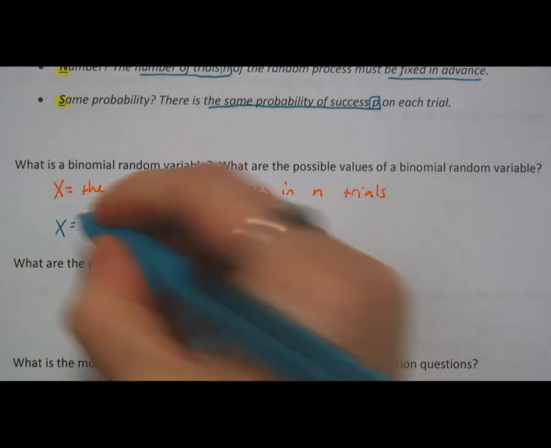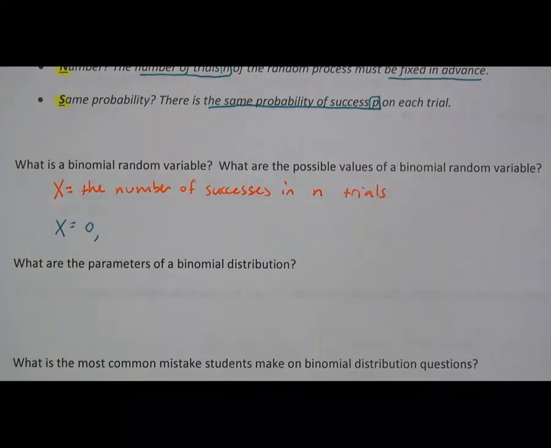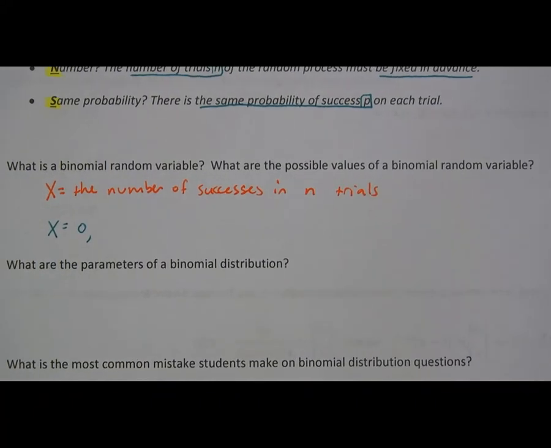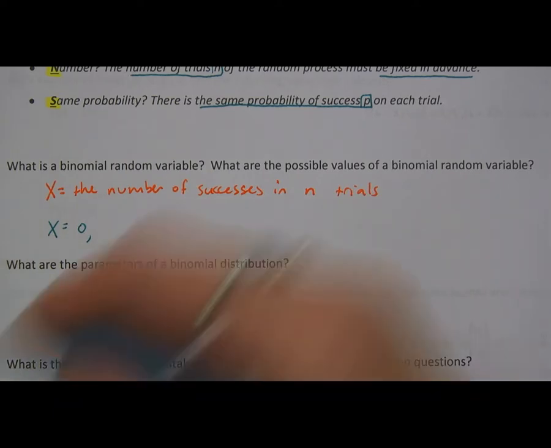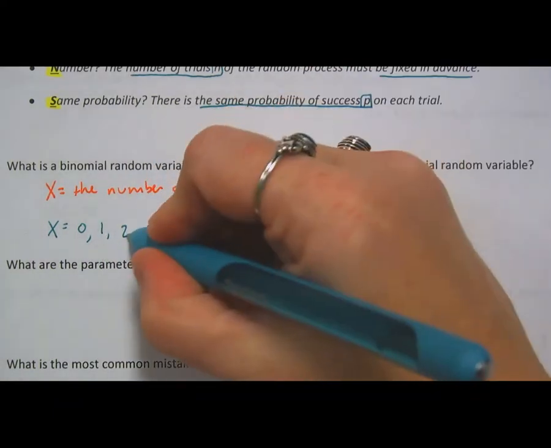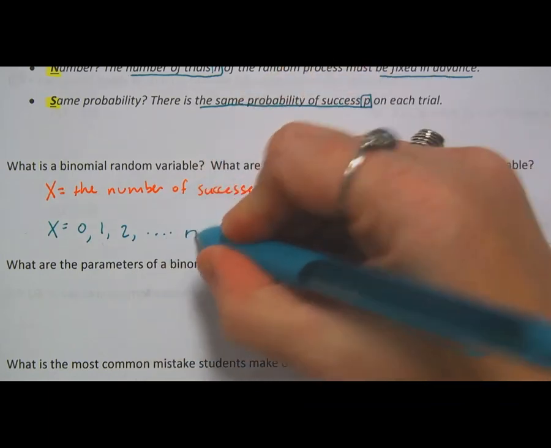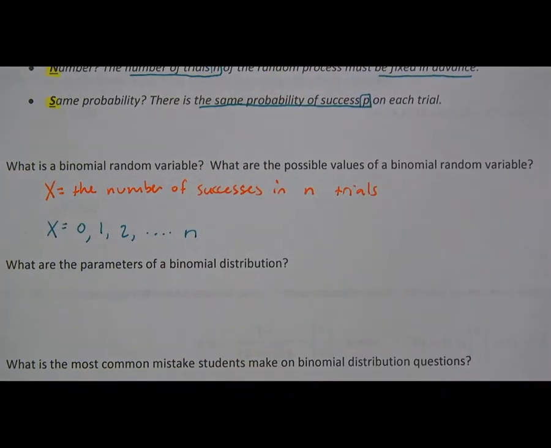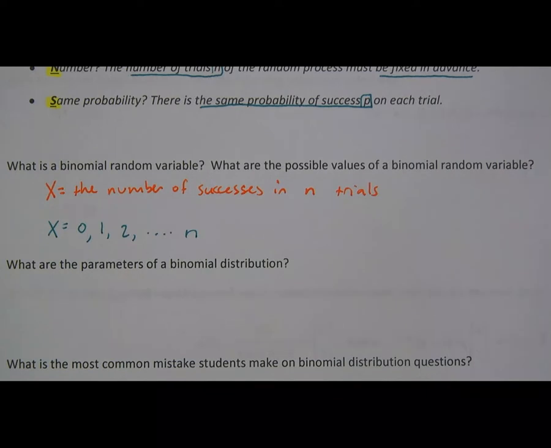That means you could look at a problem where you have no successes at all. Like I flip a coin 50 times, I'm looking for the number of times I get heads, and I don't get any heads at all. That'd be 0 successes. I could have 1 success, 2 successes, etc., all the way up to all of the trials resulting in success, which would be n, because n is the number of trials we perform.